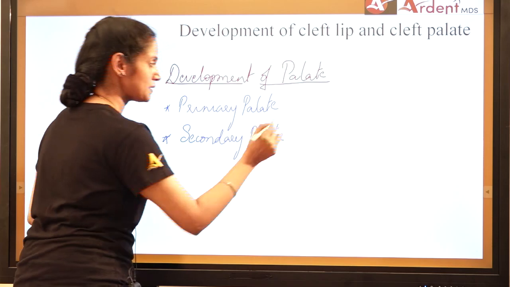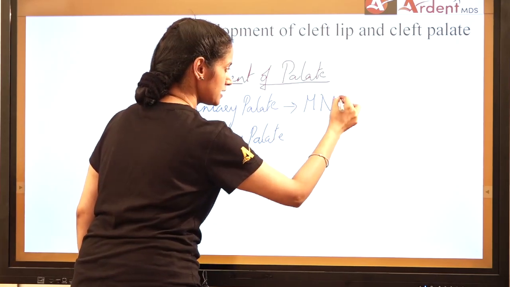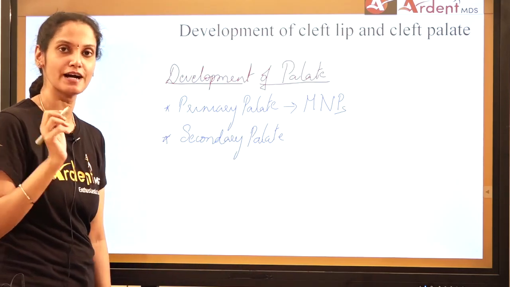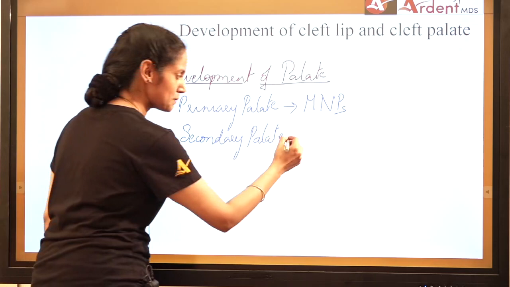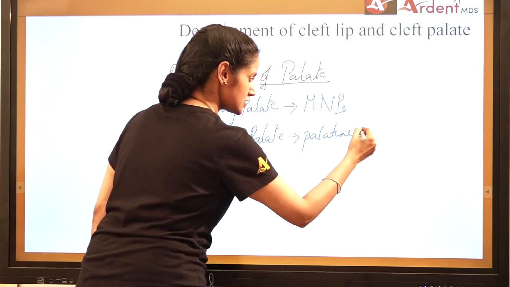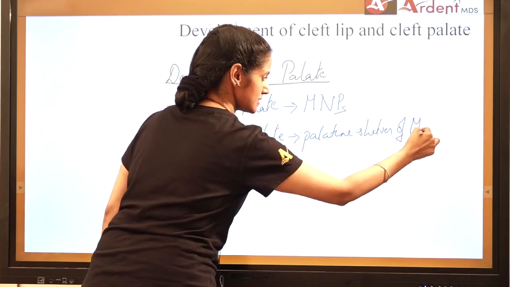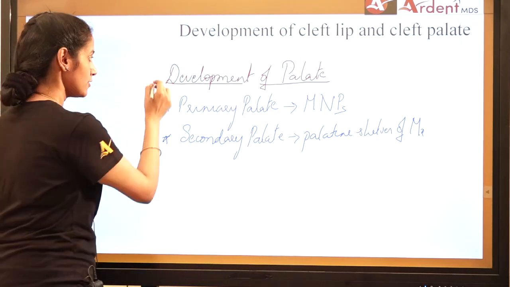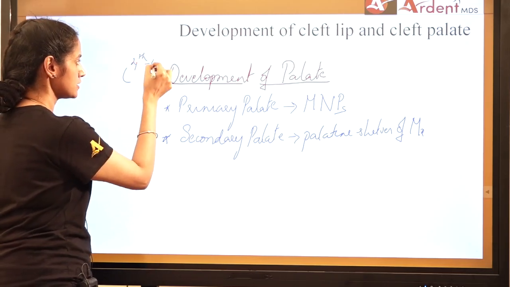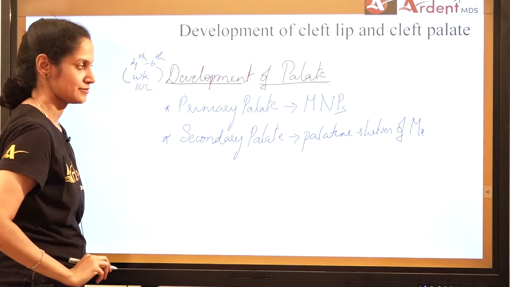Remember, the primary palate develops from the fusion of the two medial nasal processes, just like the medial portion of the upper lip. Whereas the secondary palate is formed by the palatine shelves of the maxilla. All of this occurs between the 4th to the 6th week of the intrauterine life.